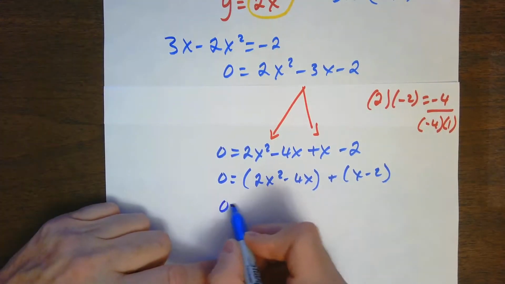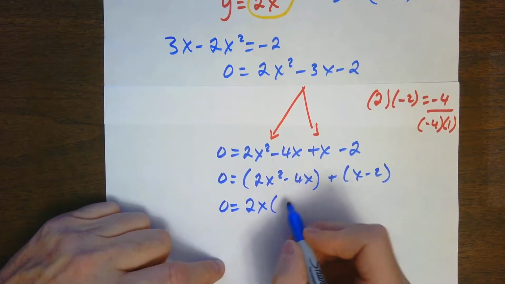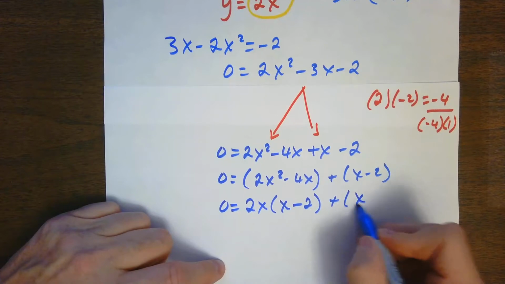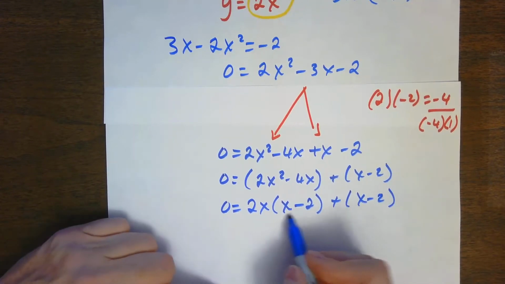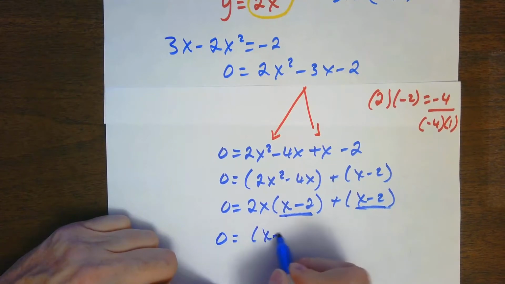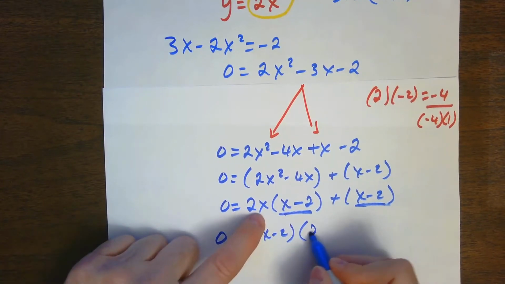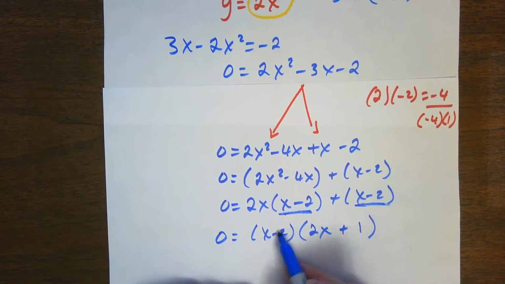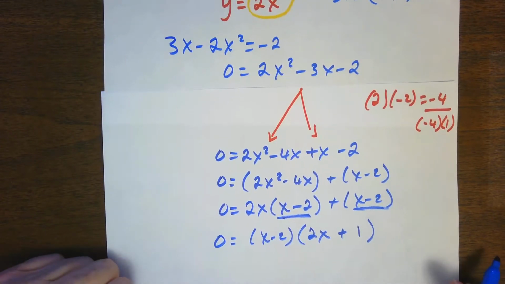Out of the first group, I can factor out a 2x, and I'm left with x minus 2. Out of this, I can't factor anything out, x minus 2. But the x minus 2's are the same. I can factor those out. x minus 2, what am I left with? 2x plus 1. Got to have that 1 there. So when I multiply it back in, I've got that term.